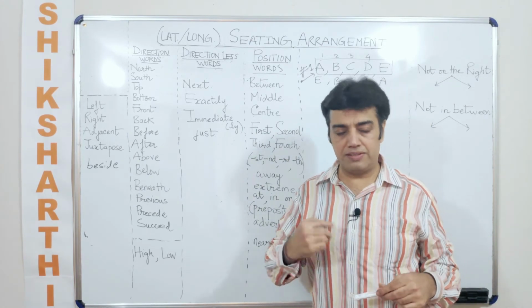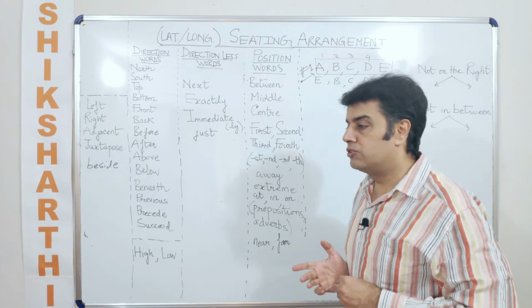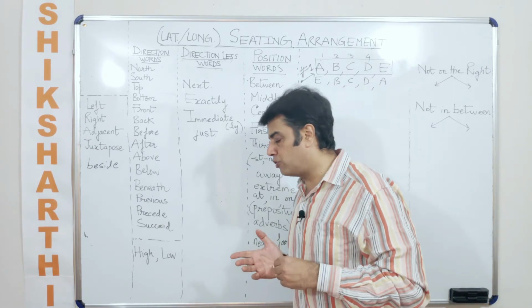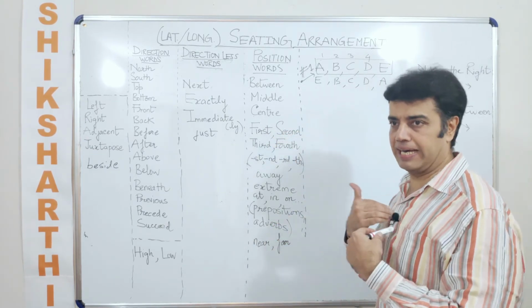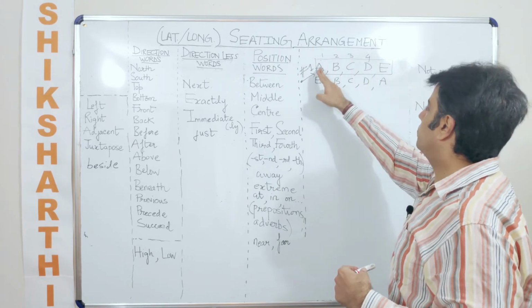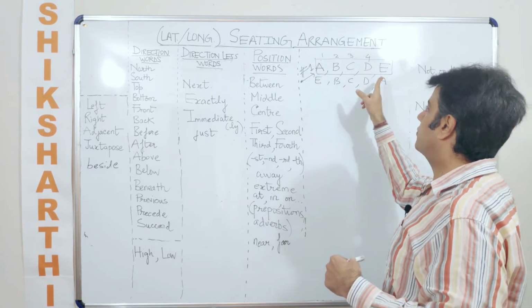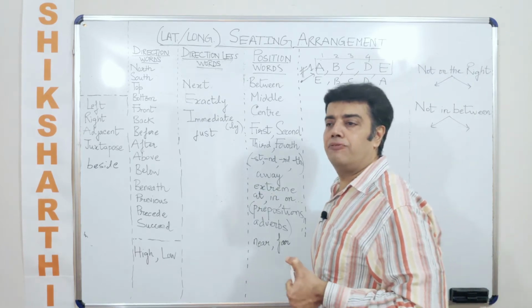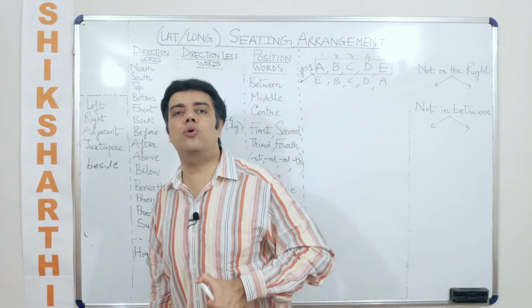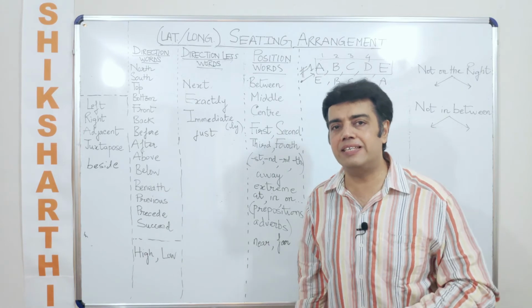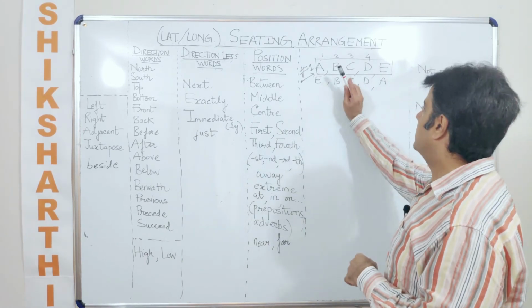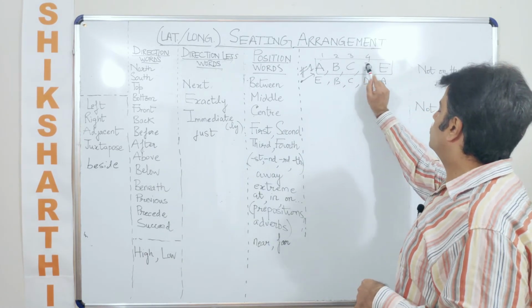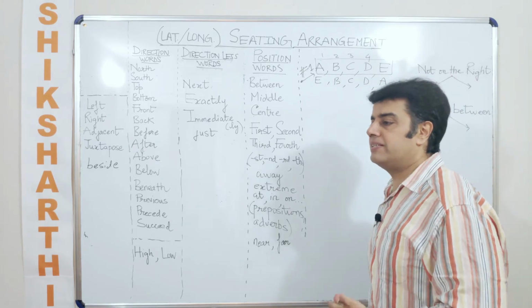So let's understand this with the help of another example. Can I say D is 4 places to the right of A? No, I can't say this, because if I say D is 4 places to the right of A, let's see, 1, 2, 3, 4. So what will I say for D?